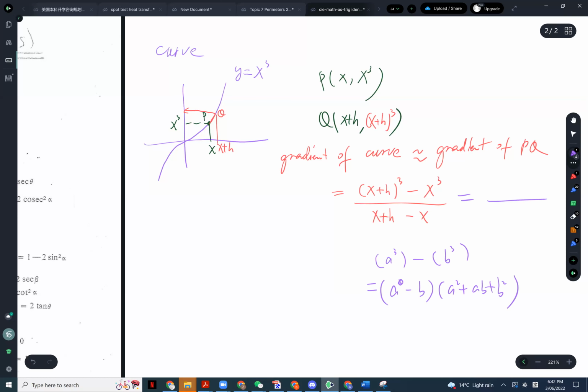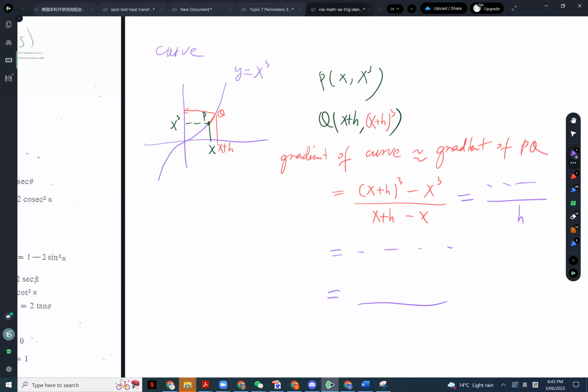If you use this formula, I'll just expand it. Both okay. I didn't show much working, but after expanding and simplifying, I'll just copy some answer from Tianqi.